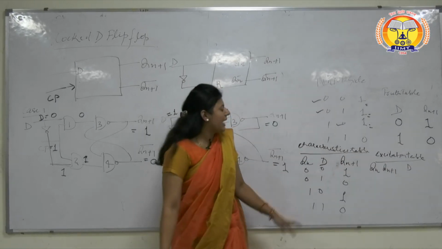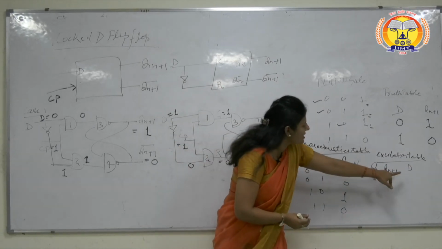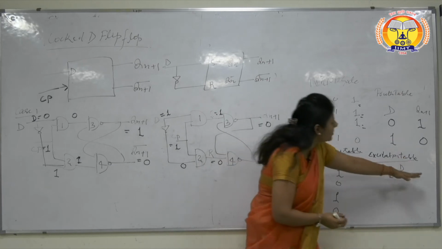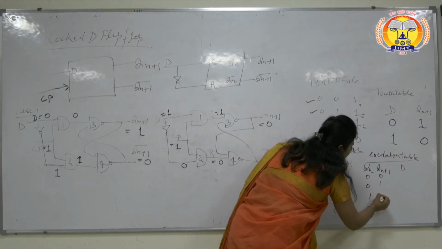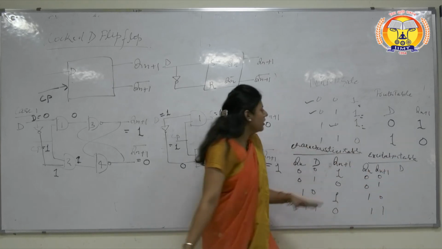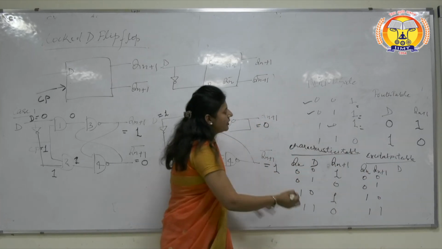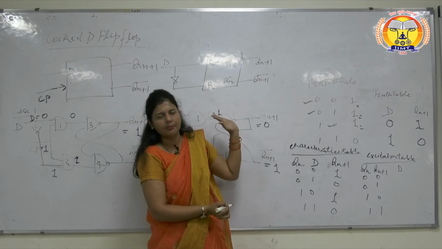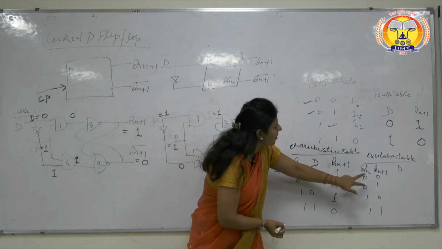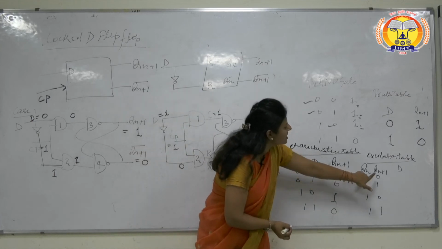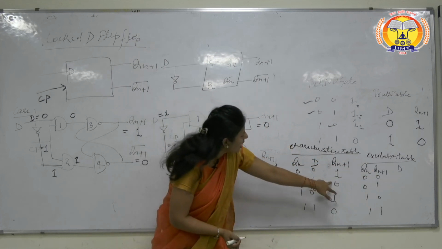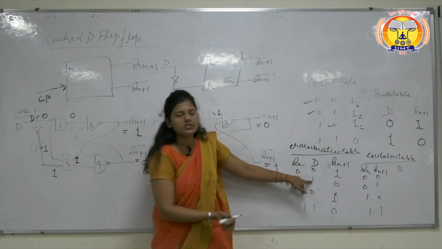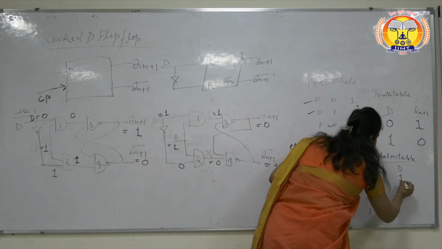Next, that is the present state, it is Qn, next state is Qn plus 1, input is D. So the basic combinations will be 00, 01, 10 and 11. Now the excitation table will be drawn with the help of the characteristics table. In the excitation table, the value is given 00. If Qn is 0, Qn plus 1 is 0, then what is the value of the input? D is 1. So we can write it over here as 1.